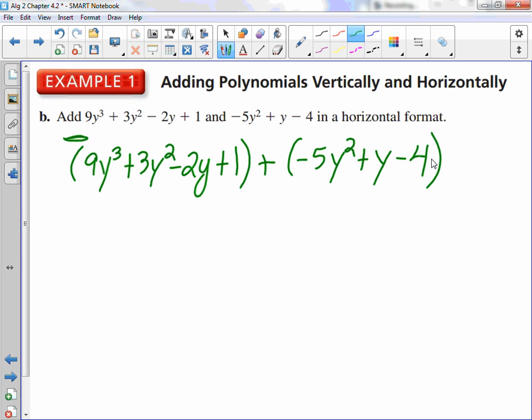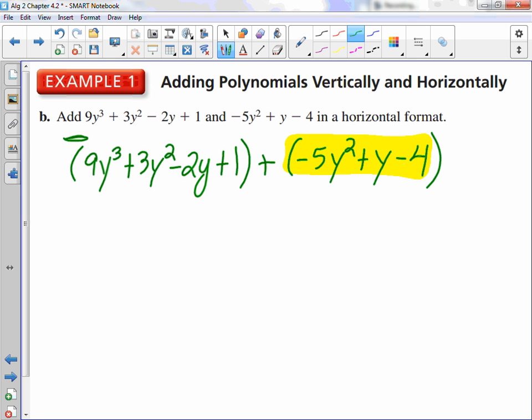So when we look at this here, we're adding them together, yes? Since this is plus, will any of the signs inside of this change? No, because positive is not going to change the sign. If we were subtracting, then the signs inside here would have changed.